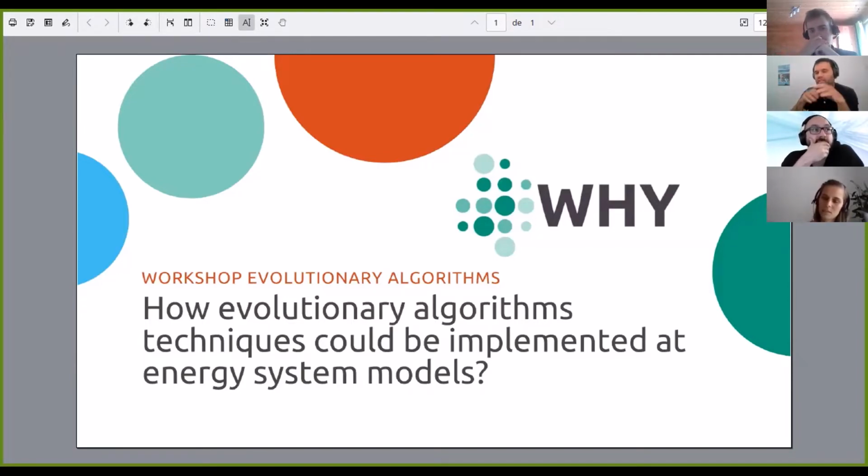The other possibility is to make a hybrid algorithm. We take out the integer part, the 1-0 part, and give it to the evolutionary algorithm, which is good for this kind of assessment, and then we put the linear part in the other one. Now we know this is a linear problem. It's not an integer linear problem, because we know each variable is a 0 or a 1 or a particular combination of them.